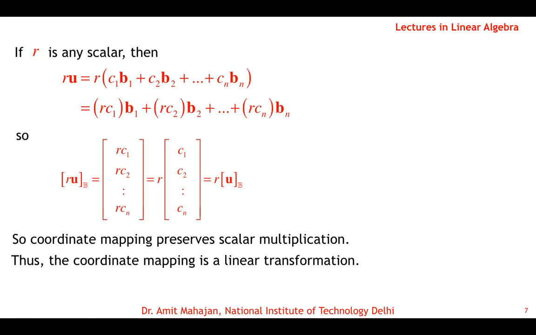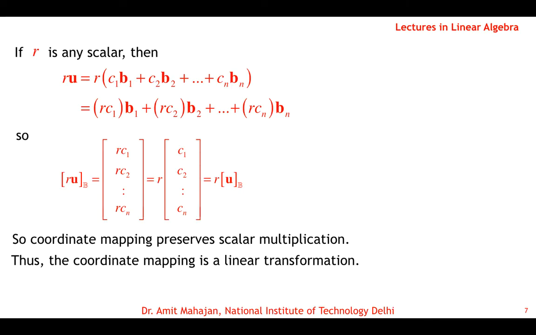Now the second thing that we want to prove is that the mapping is 1 to 1. Okay, so when do we have a mapping to be 1 to 1? We mean that if I have two vectors in the domain, they cannot go to the same vector in the codomain.